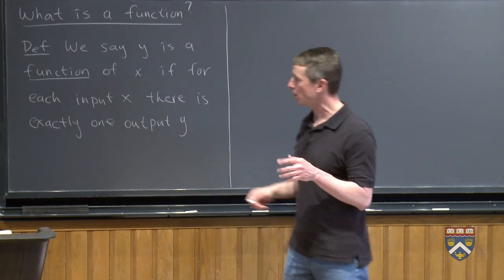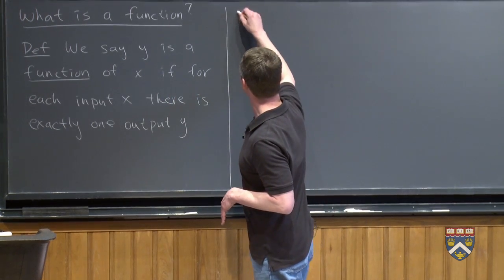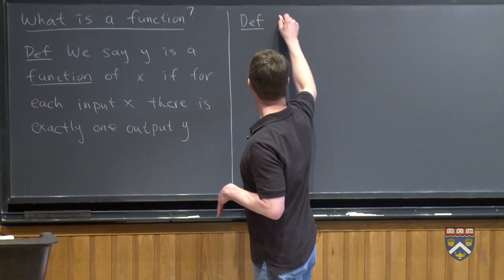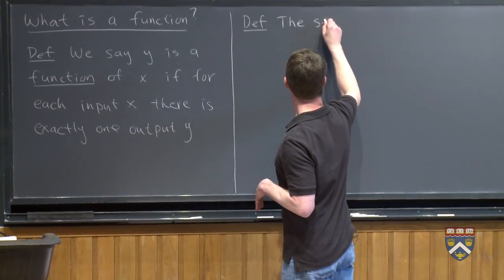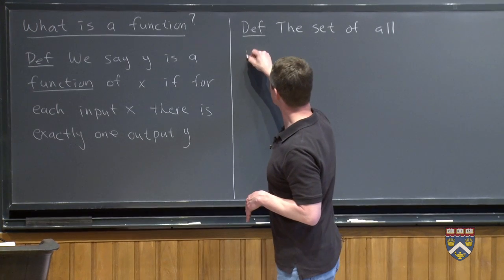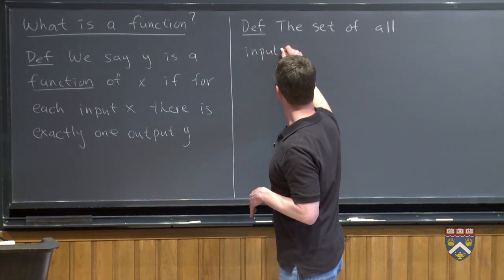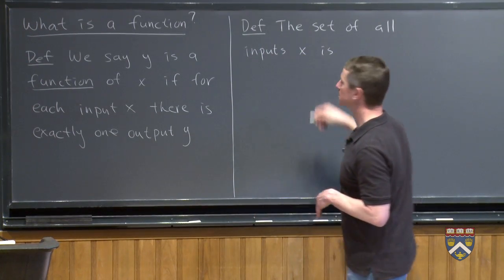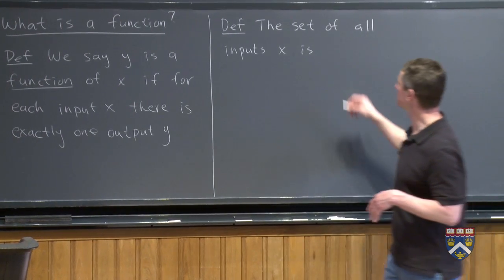So there's the set of all the things that we can put into the function. So the set of all inputs x, I think you know that this is called the domain.